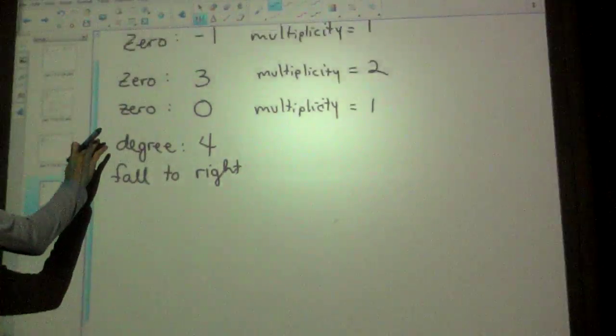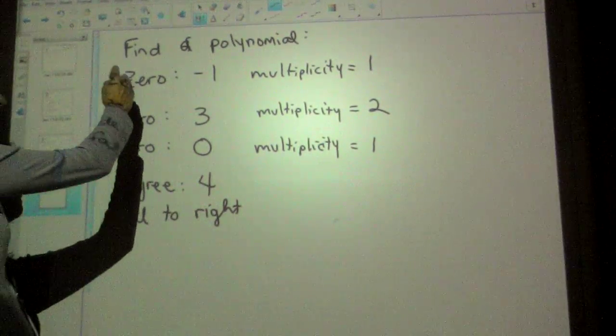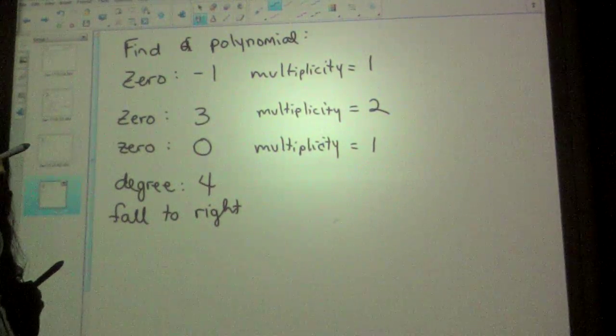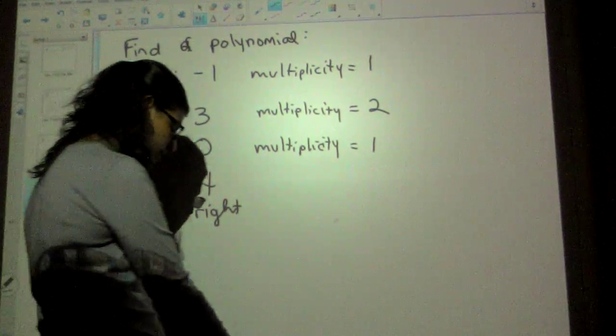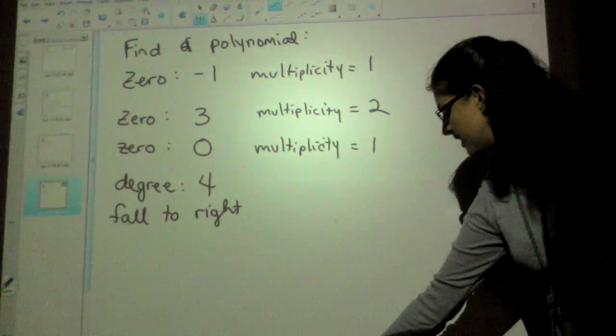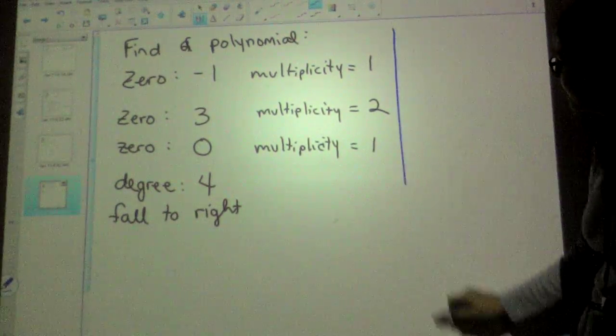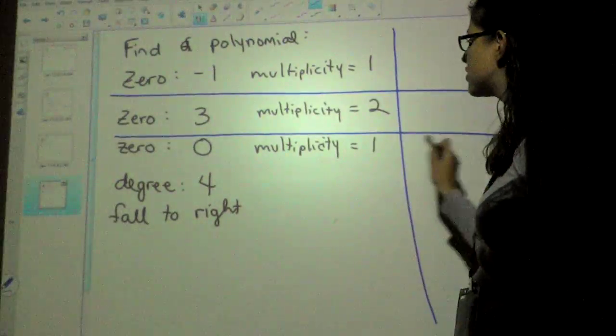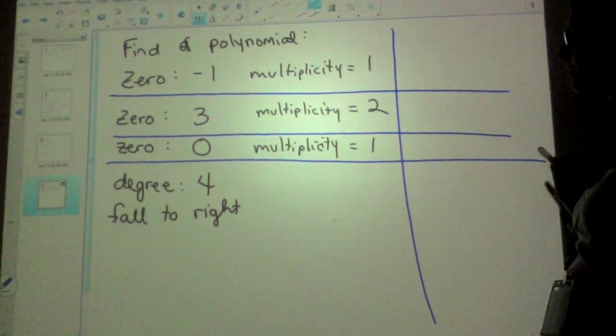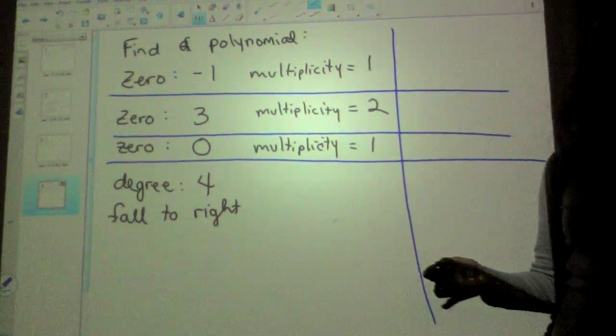Ready? First thing we're going to do is take these zeros and come up with the factors that they came from. So over here, I'm going to take each of these zeros and turn them into the factors they could have come from.